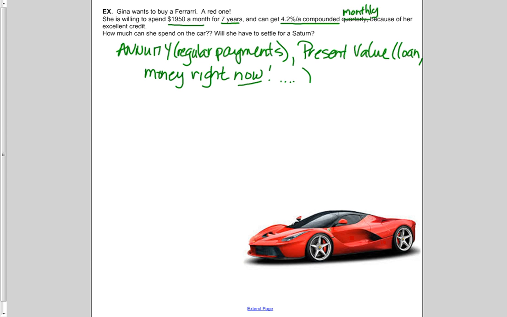There. That is the thought process we need to go through for these problems. This is the formula we need for present value. R, 1 minus the rate, the negative n over i.